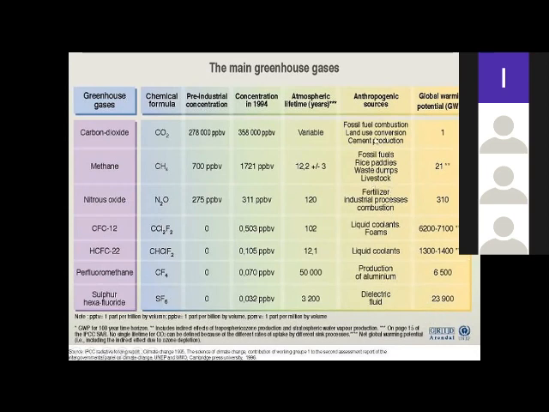Here I have given where these are coming from, where these are produced. They are coolants, mainly CFCs, HFCs, foams, production of aluminium, all that is there. So this is just for your information.